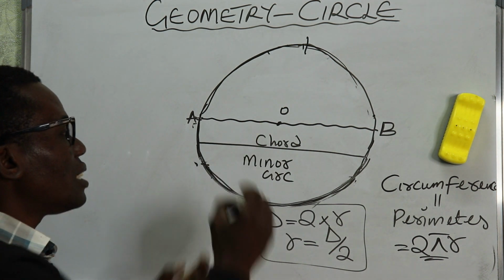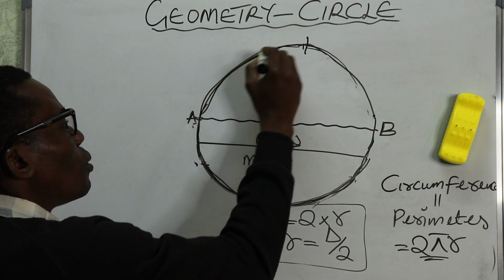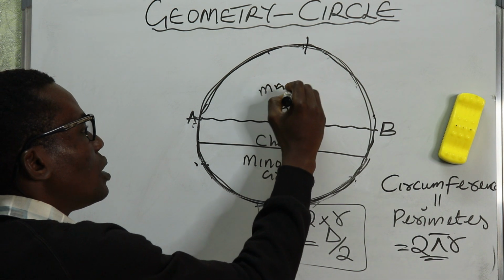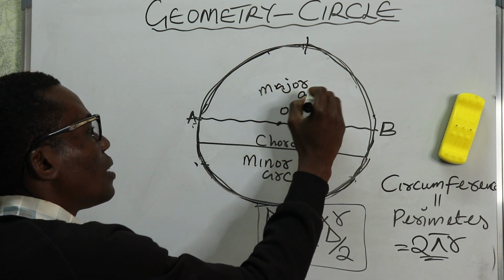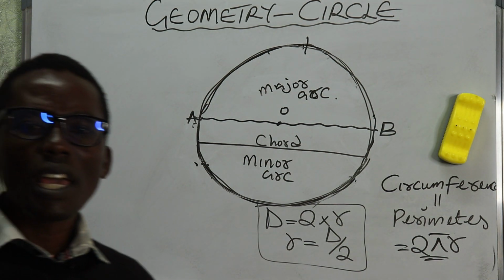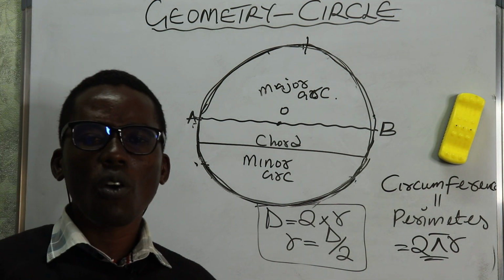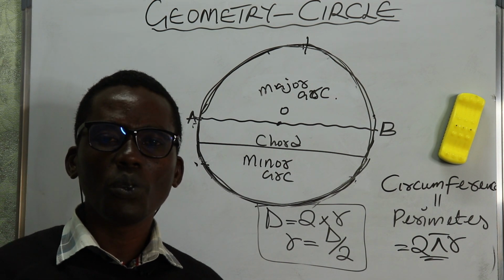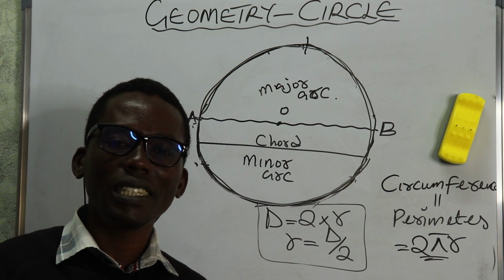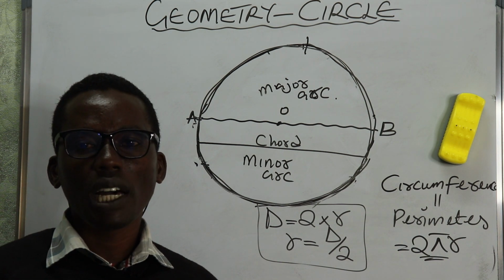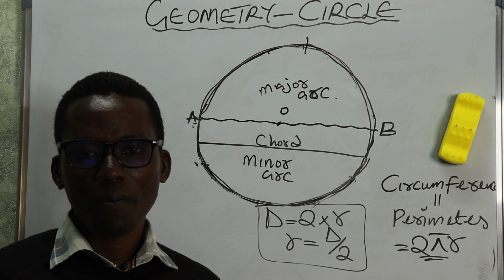And when it is larger than a semicircle, from here to this part, we call it a major arc. So when you hear of a major arc and a minor arc in circles, know that these are arcs that are either greater than a semicircle or smaller than a semicircle.